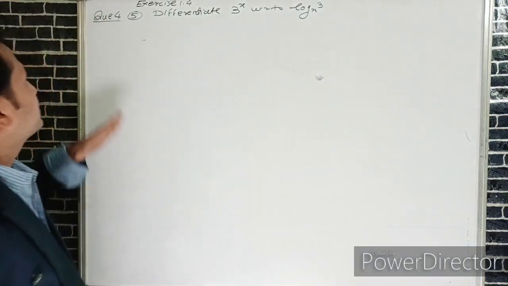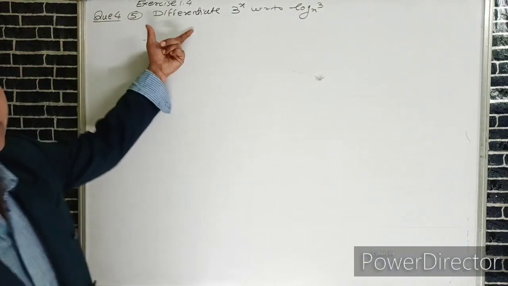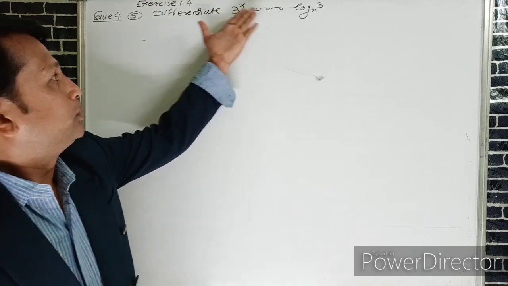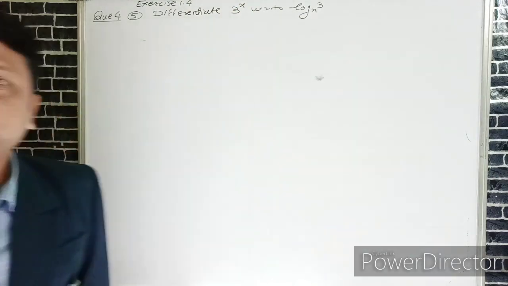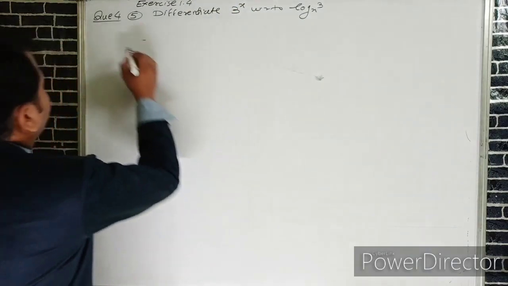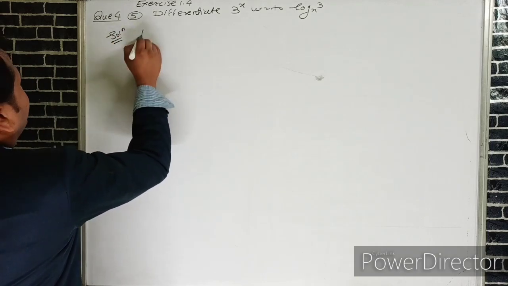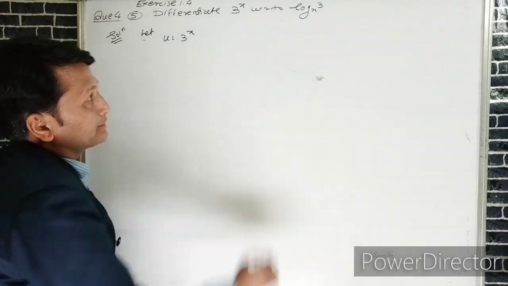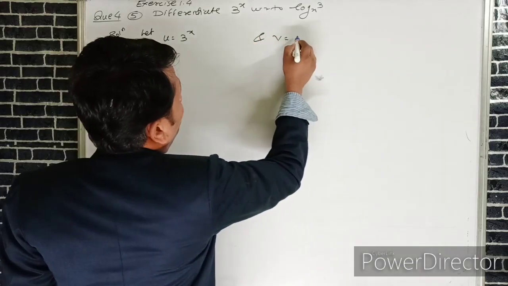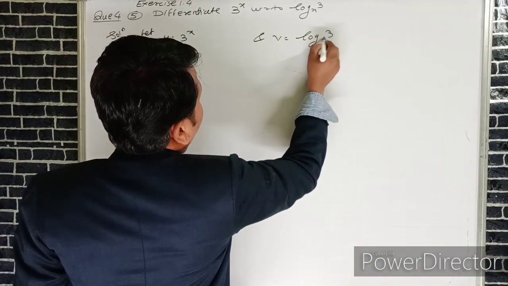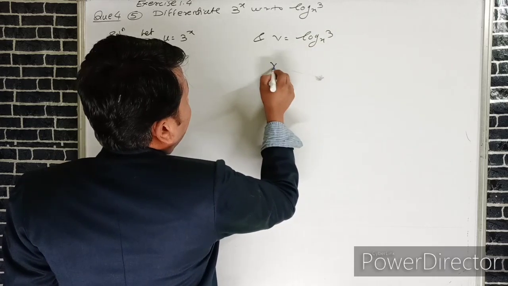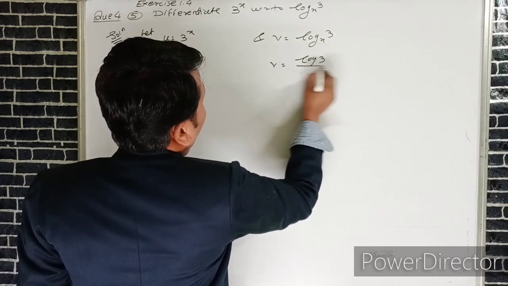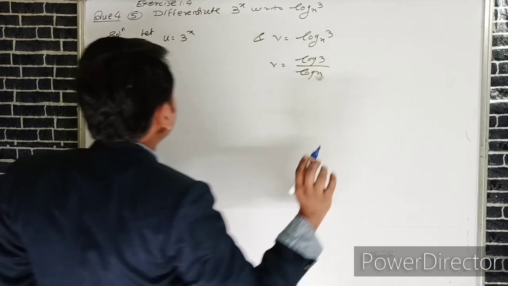Next, example number 5. Differentiate 3 raised to the power x with respect to log base x of 3. Here first we consider the functions: let u is equal to 3 raised to the power x and v is equal to log of 3 base x, which we can write as log 3 upon log x.